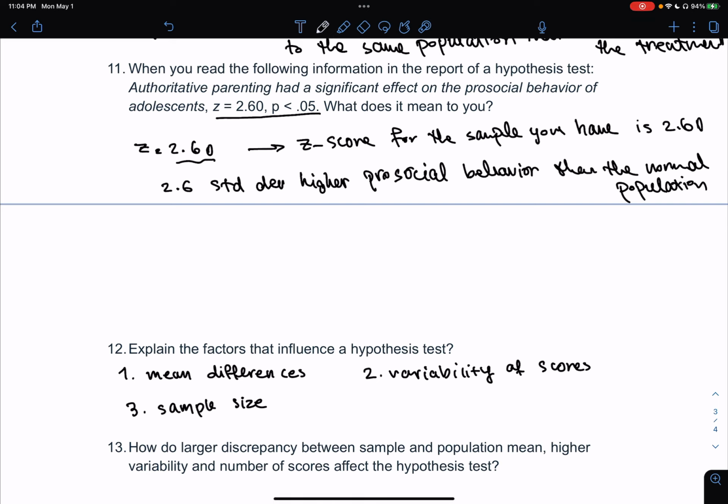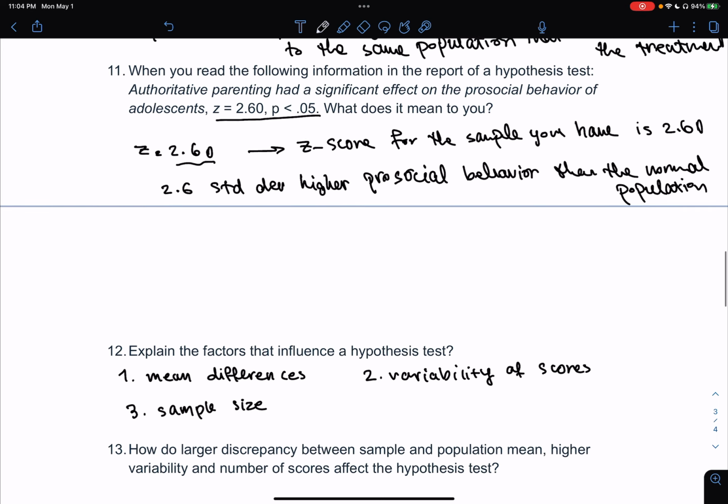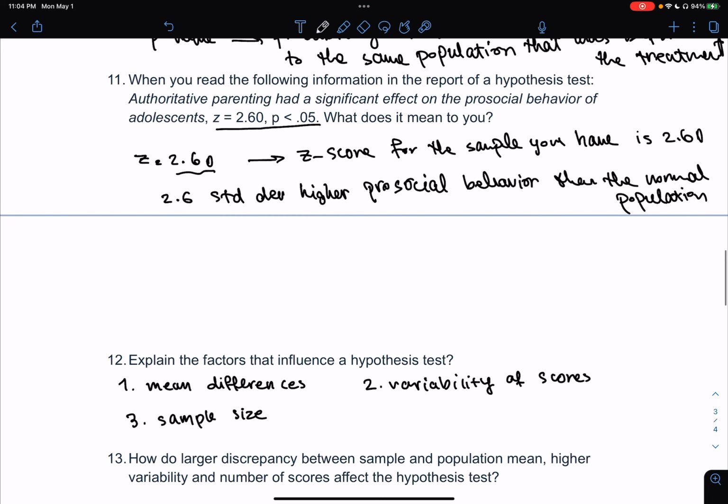So conceptually, if you think about looking at a sample, the parents who had authoritative parenting, their children basically had 2.6 standard deviations higher prosocial behavior compared to the rest.